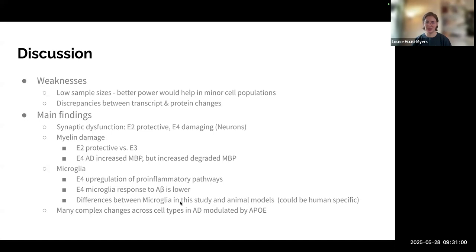There are big differences between the mouse brain and human brain, so this is always an issue in the field. But overall, many complex changes across cell types in AD modulated by ApoE. So there are a lot of different axes of change between cell type, between AD and control, and across ApoE. It was a ton of data to crunch, and I think overall they had some pretty interesting findings. Cool. With that, any questions?